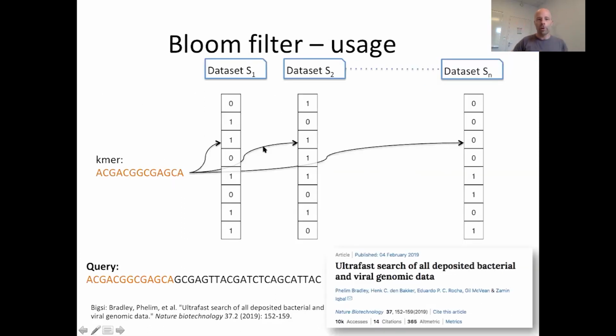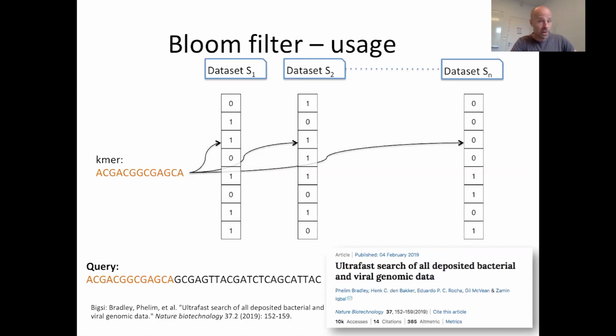The key idea is that you compute one hash value per kmer, and you can read directly one line of all those Bloom filters. So you can compute only one hash value for each kmer and find directly in which datasets those kmers occur.